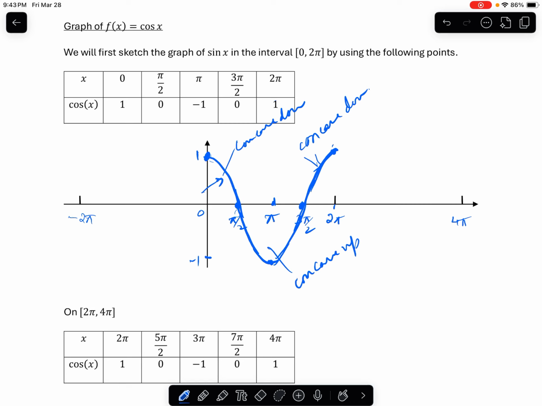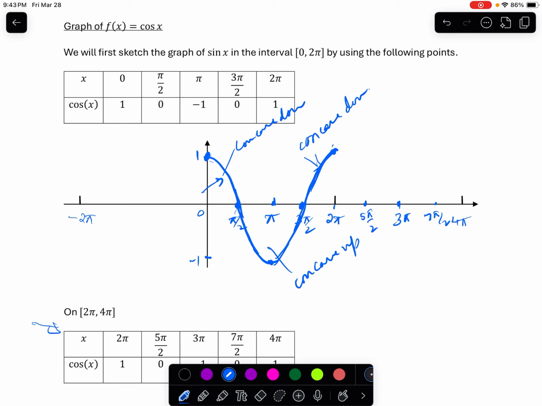Now we try to graph this next period, which is 2 pi to the next interval 2 pi to 4 pi. Half of this, as we did before, will be 5 pi over 2, and this was 7 pi over 2. So we look at the table values down here, and at 2 pi it is 1, so yes, we are at 1.